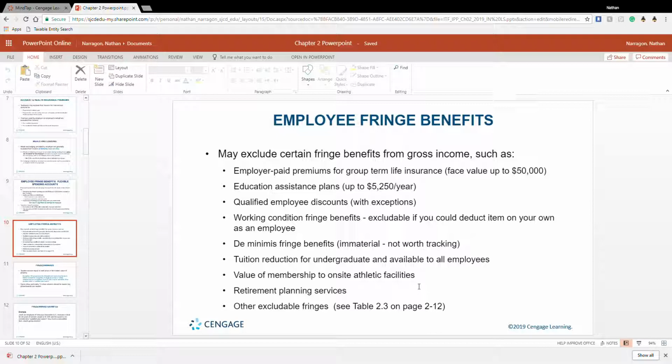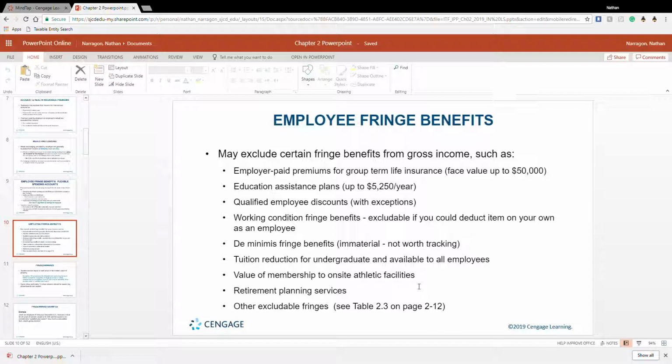Working condition fringe benefits are only excludable if you could deduct the item on your own as an employee. Okay, the de minimis fringe benefits, basically immaterial stuff that's not even worth tracking, so don't even worry about those.